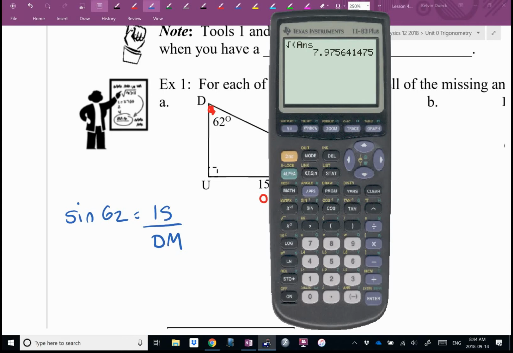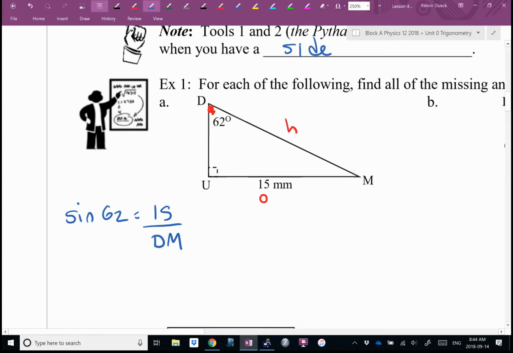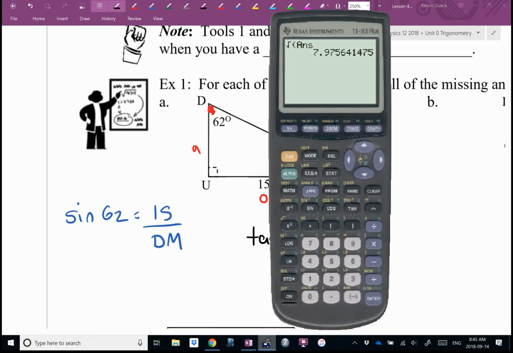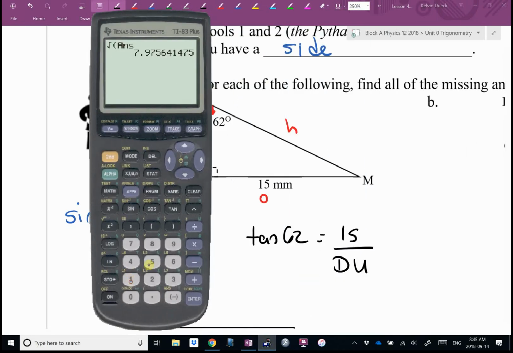I could also go trig. I could say, hey, this is adjacent, and now I'm going to use tangent. I'm going to do both just this once, just to show you that we're going to get exactly the same answer. So if I used tan of 62 equals 15 over du, and if I went, oh, okay, I'm going to divide, because I've done a bunch of these, 15 divided by tan 62, you'll notice, bang on, exactly the same.